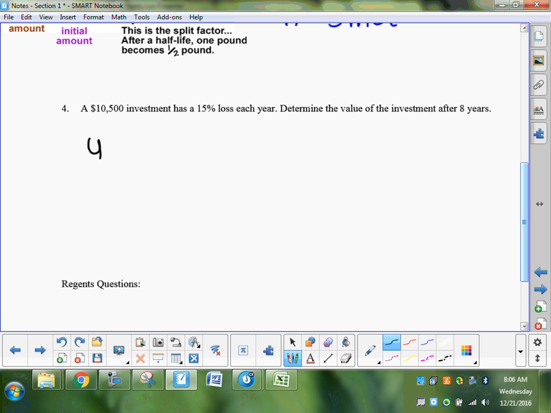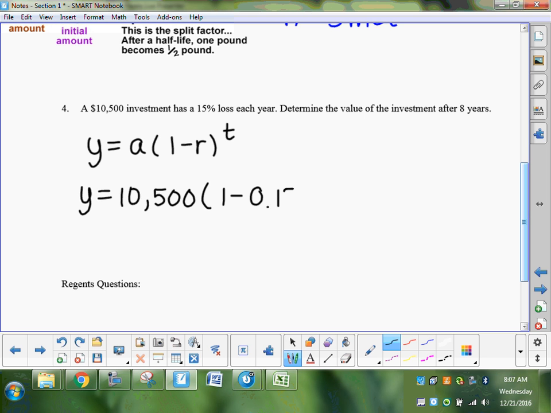So what we're going to do is model it with decay. In this case, here's our general decay equation, 1 minus the rate to the t power. Now in this case, that's our final amount, that's what the y is. We'll take 10,500, and this would be 1 minus 0.15, and it's going to lose that amount every year.